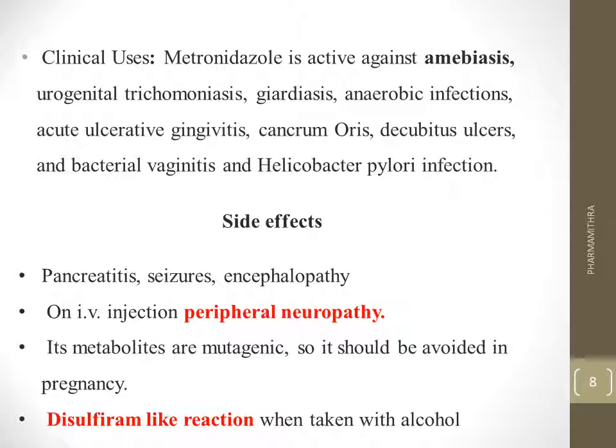The most important side effects are that on IV injection it produces peripheral neuropathy, and a disulfiram-like reaction when taken with alcohol. So note the side effects of metronidazole include the disulfiram-like reaction and peripheral neuropathy.